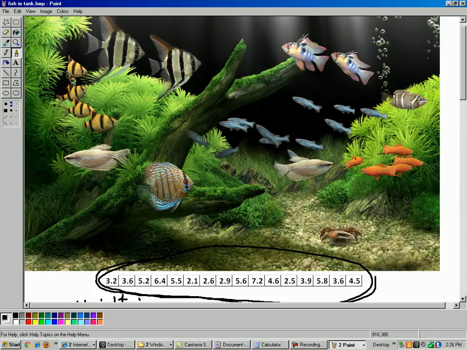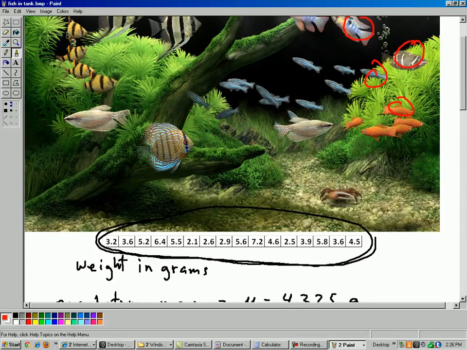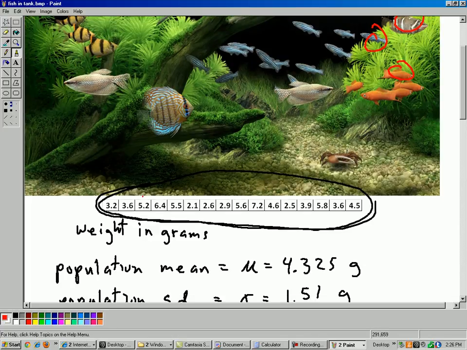Let's just say I picked this one and this one and this one and this one. Let's say those are my 4 randomly chosen fish. And let's just suppose that the measurements for those 4 fish are this one and this one and this one and this one. Okay, so those are my 4 fish in my sample.